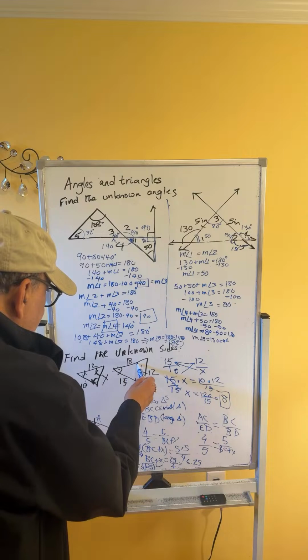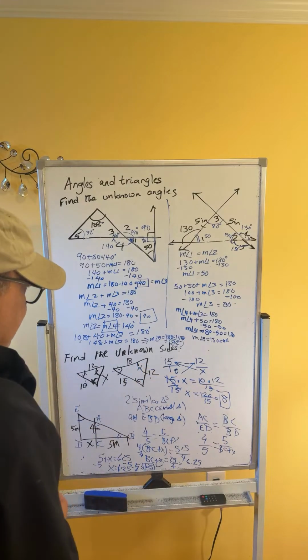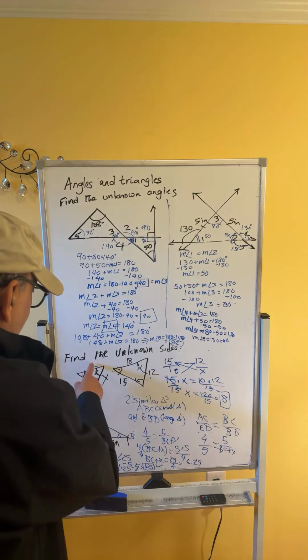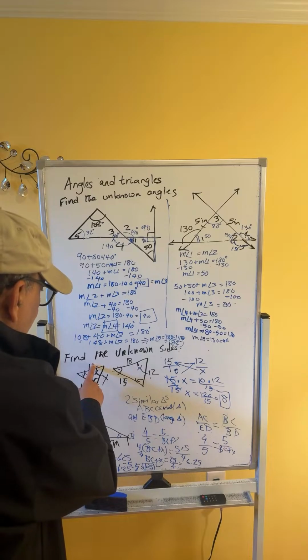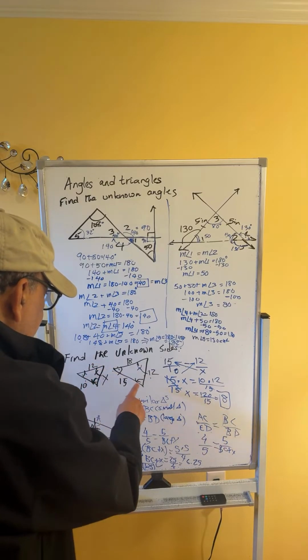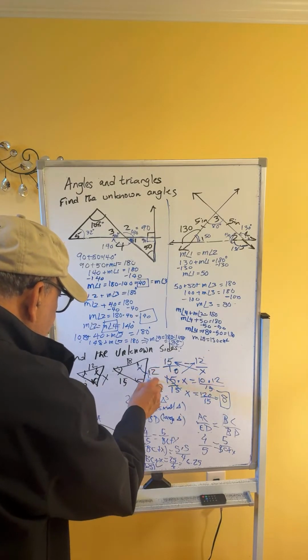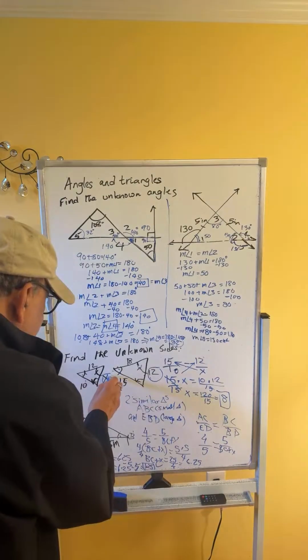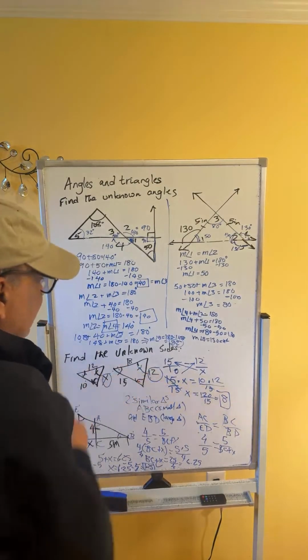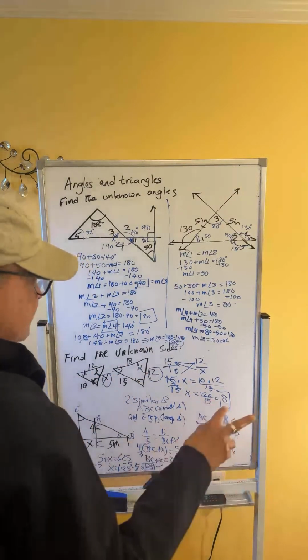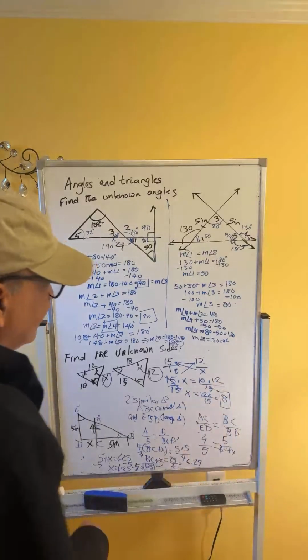These two are equal angles. So 15 by 10 is equal to 12 divided by X. The 12 comes from this 12 in the big triangle. Why? They are opposite to equal angles. So you take ratios of two sides where the angles are equal.